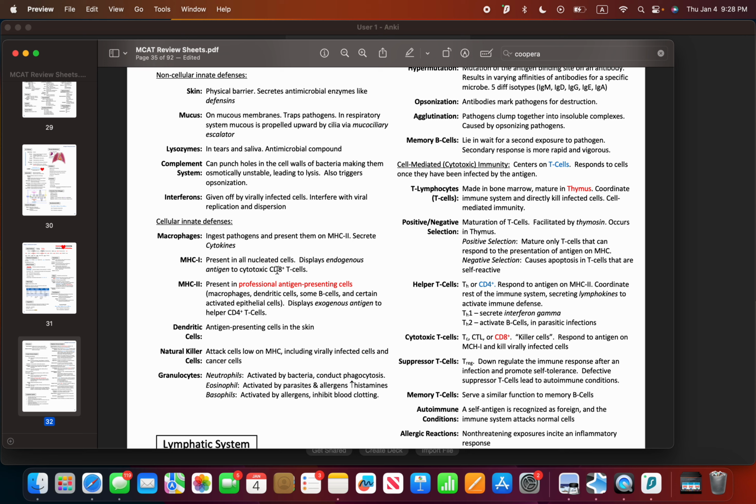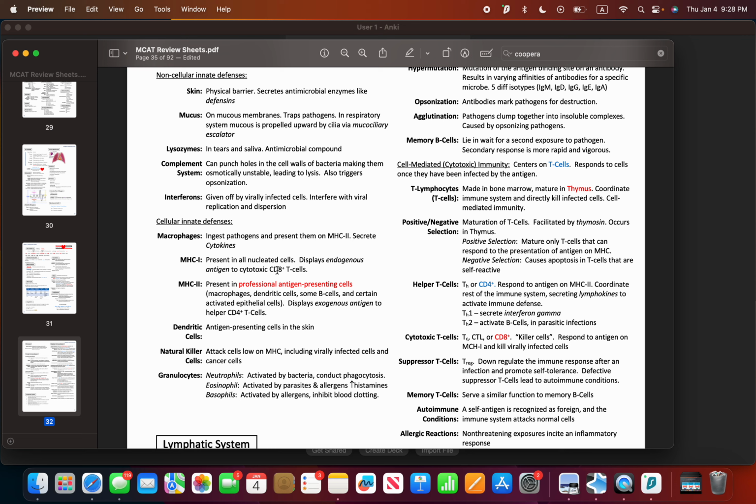So CD8 plus T cells are cytotoxic T cells, and it's endogenous antigen. MHC2, on the other hand, is present in professional antigen presenting cells: macrophages, dendritic cells, some B cells, and certain activated epithelial cells. They display exogenous antigen to helper CD4 plus T cells.